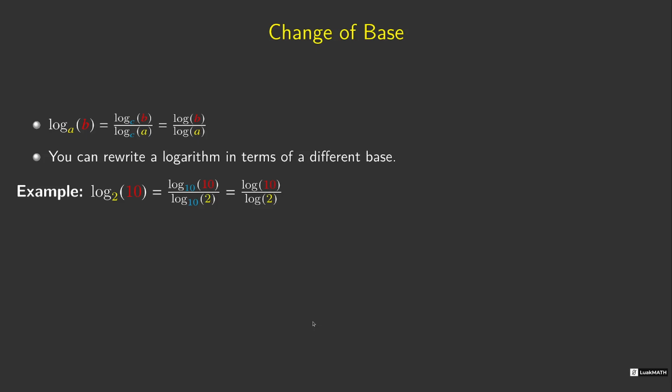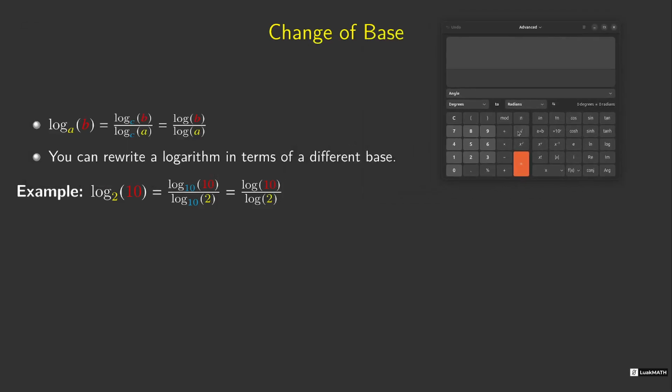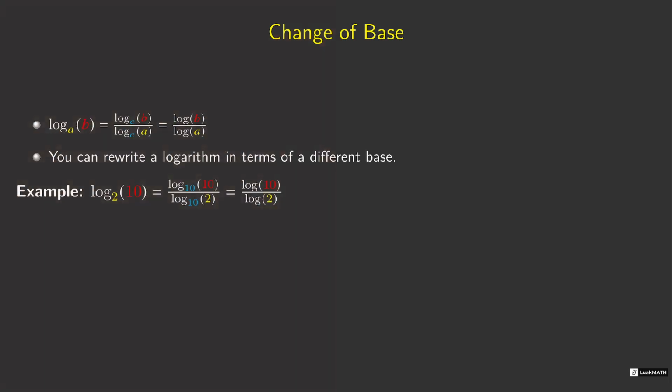In fact, let me see if I can bring up the calculator, just to see the approximate answer here. So log of 10 divided by log of 2. This is going to be an approximation. You can see it's 3.32, approximately 3.32.